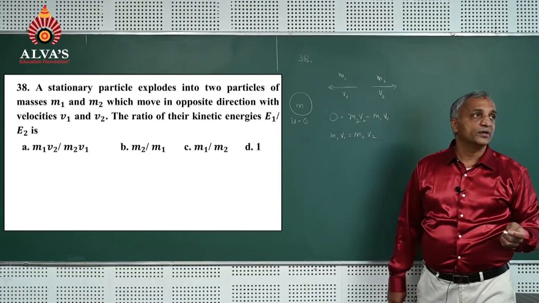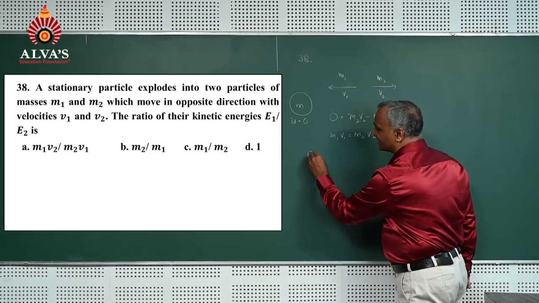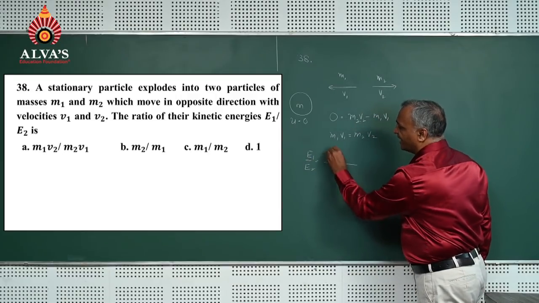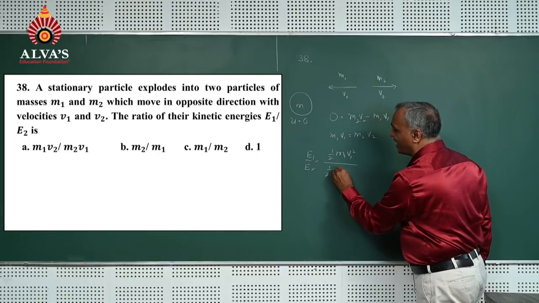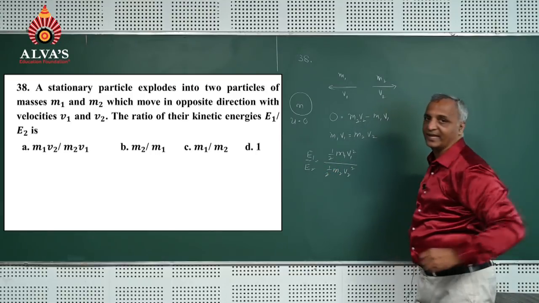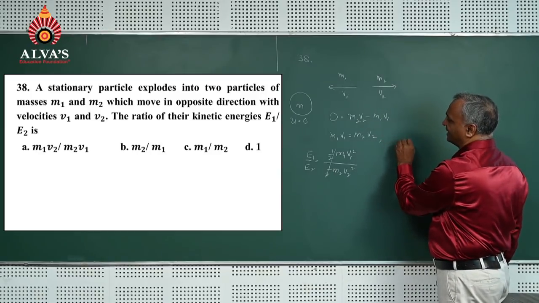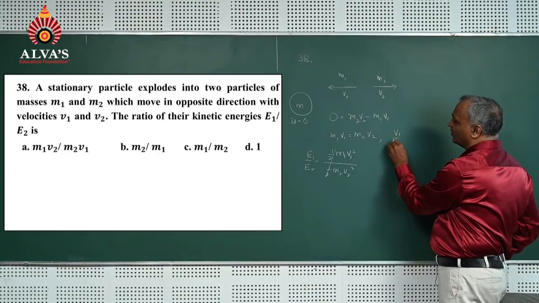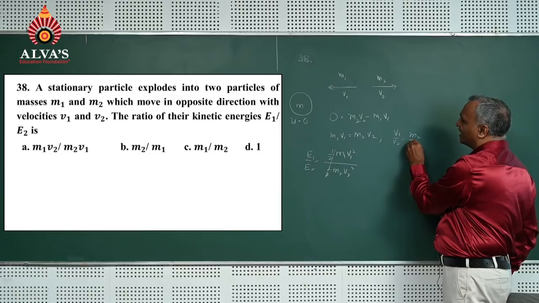I want to find out the ratio of kinetic energies. So the kinetic energy ratio E1 by E2 is equal to half m1 v1 square divided by half m2 v2 square. So this half cancels. From this I can write the value of v1 by v2 will be equal to m2 divided by m1.